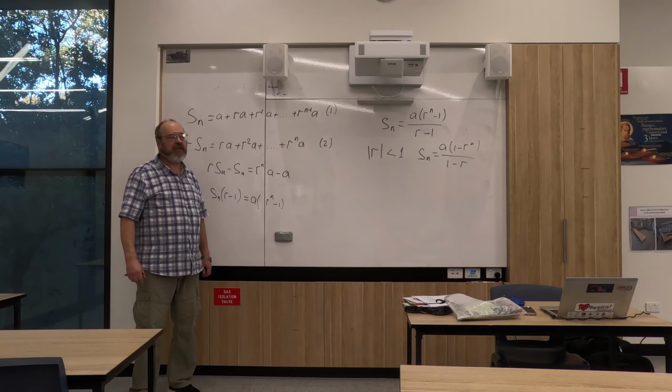So we have S to infinity equal to A over (1 minus R). That's how we can find the sum of all terms of the geometric sequence when the modulus of R is less than 1. That's pretty much all the theory for today.